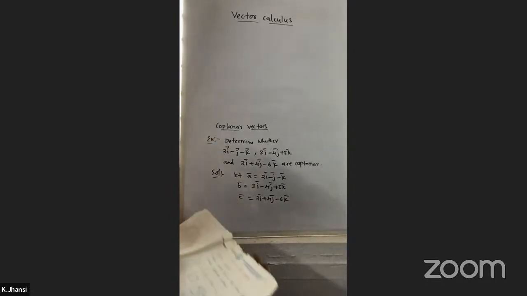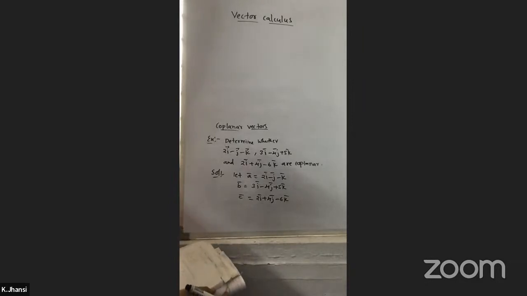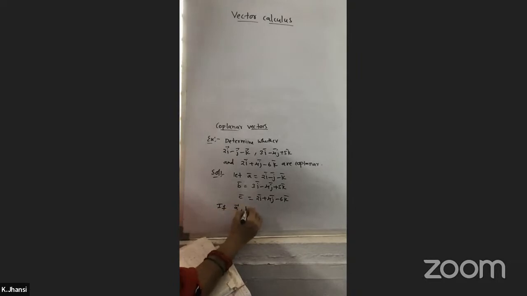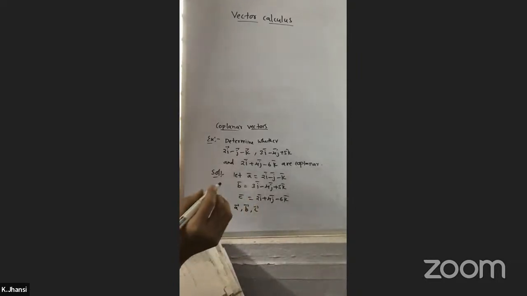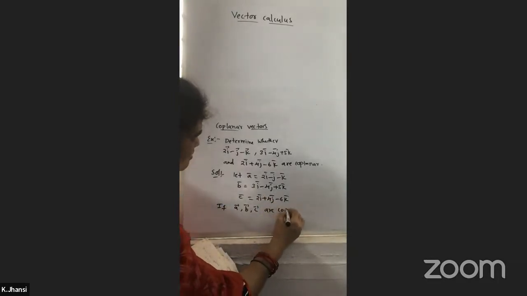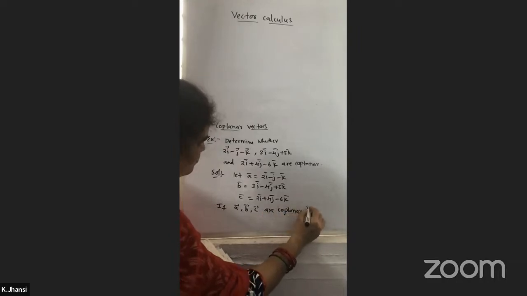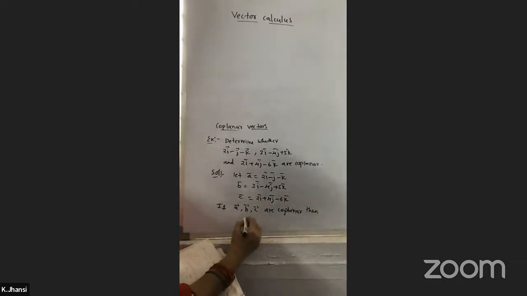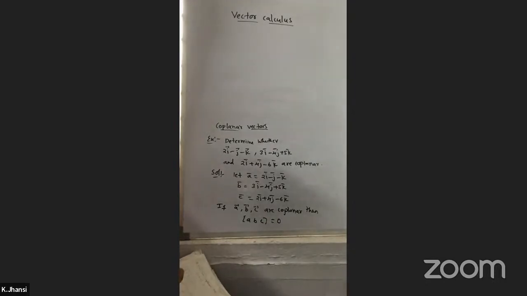Vector A, comma B, comma C are coplanar if vector A, comma B, comma C are coplanar, then the triple product is equals to 0. Okay. If they are coplanar means the triad of A, B, C, if it is equals to 0, then we call that the vectors are coplanar.